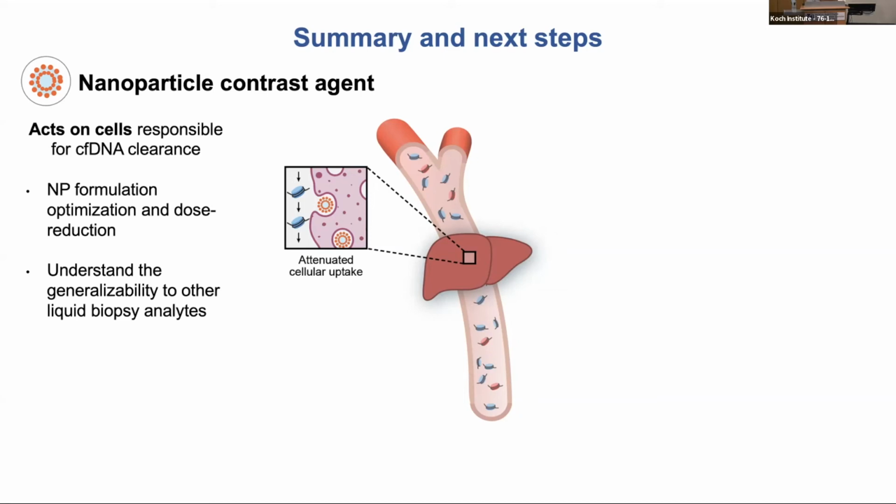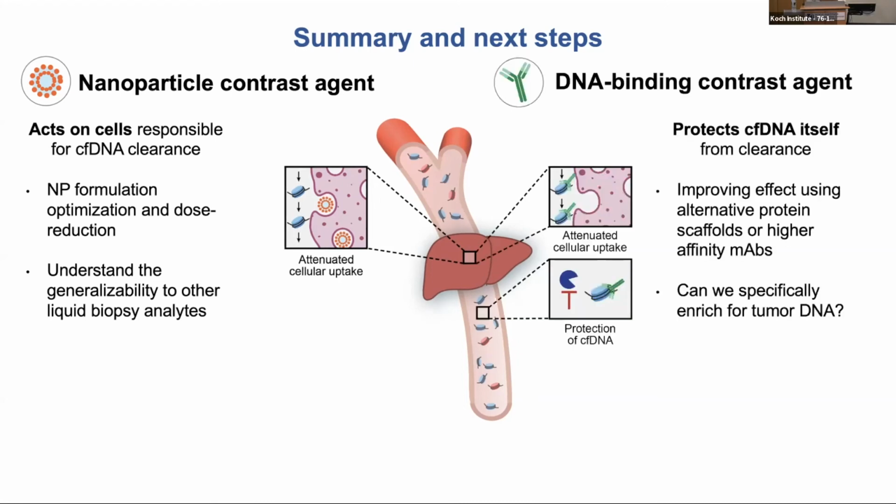For us, the next steps in this direction are to further optimize the nanoparticle formulation and further reduce the dose and understand the generalizability of this approach to other liquid biopsy analytes. And then on the DNA binder contrast agent side, we've shown you how a DNA binder can protect cell-free DNA itself from clearance.